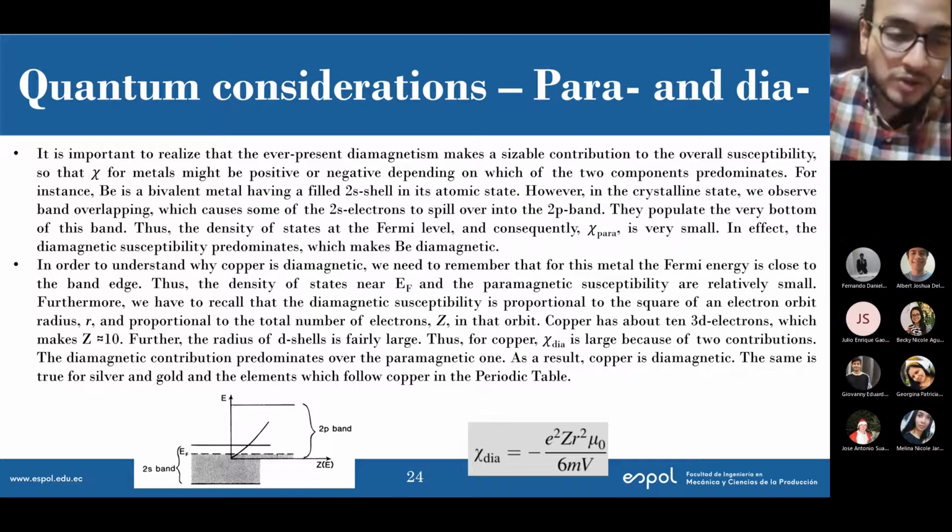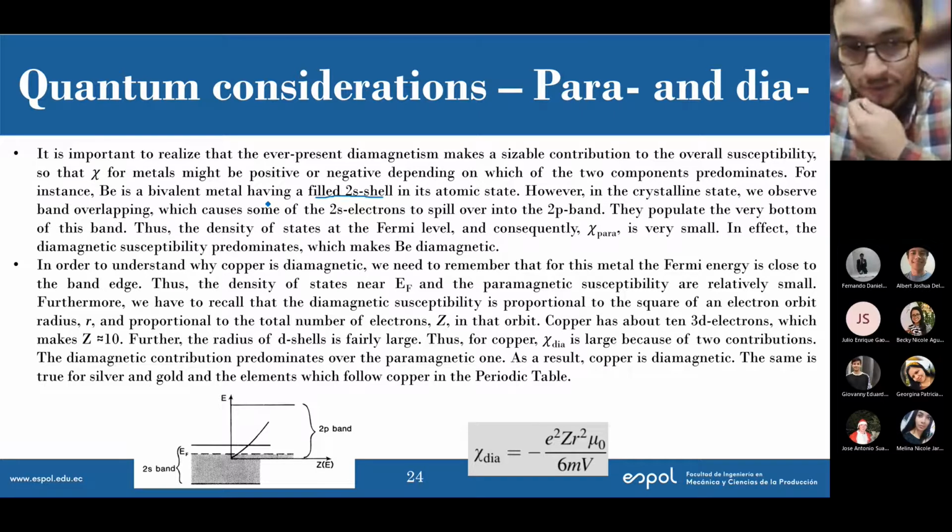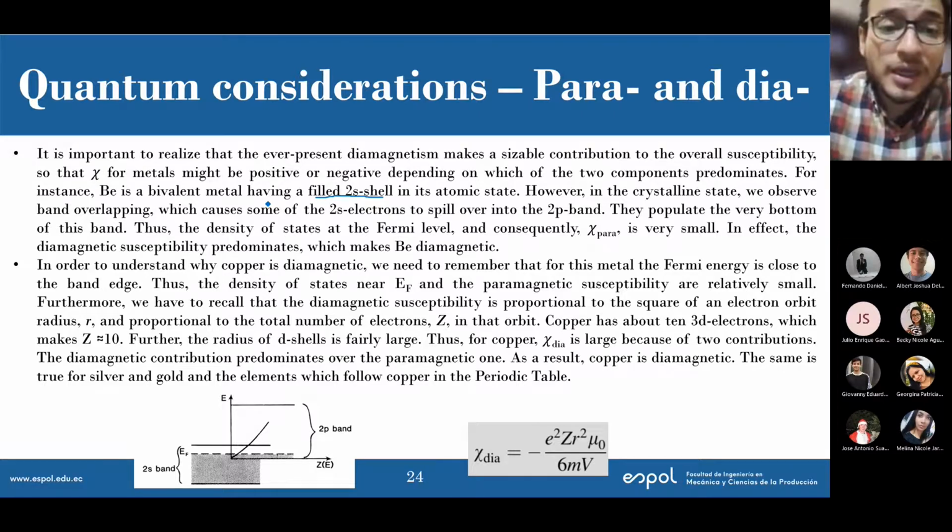So let's consider the case of beryllium. It is a bivalent metal. If you look at the electronic configuration, you will find that it has a filled 2s shell in its atomic state. So not an ion or anything, just atomic state. But if you put that material in a crystalline state, you will see a band overlapping.